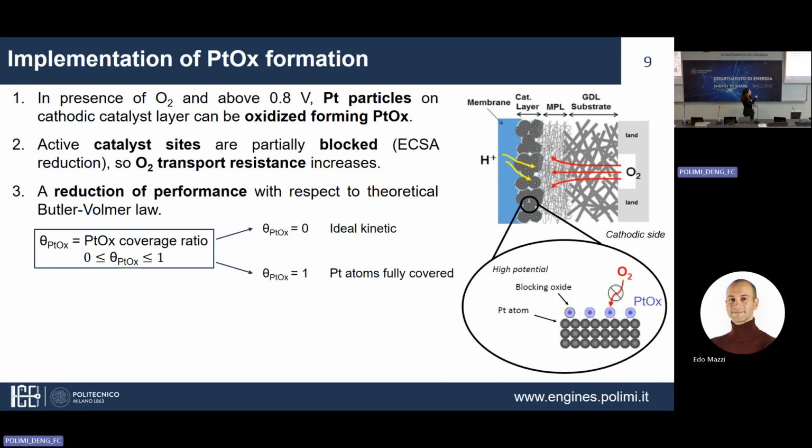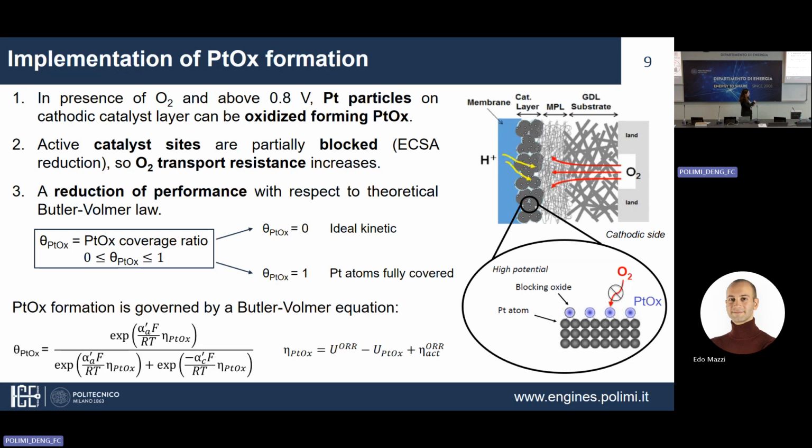So we defined a platinum oxide coverage factor that ranges between 0 and 1, where 0 is the ideal situation, so no platinum oxide is produced, and 1 is the worst case, so the entire catalytic side is covered by platinum oxide.